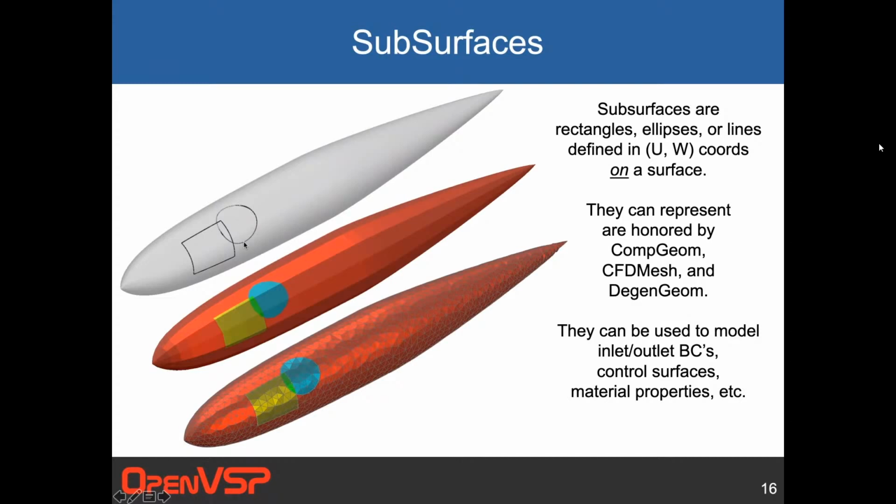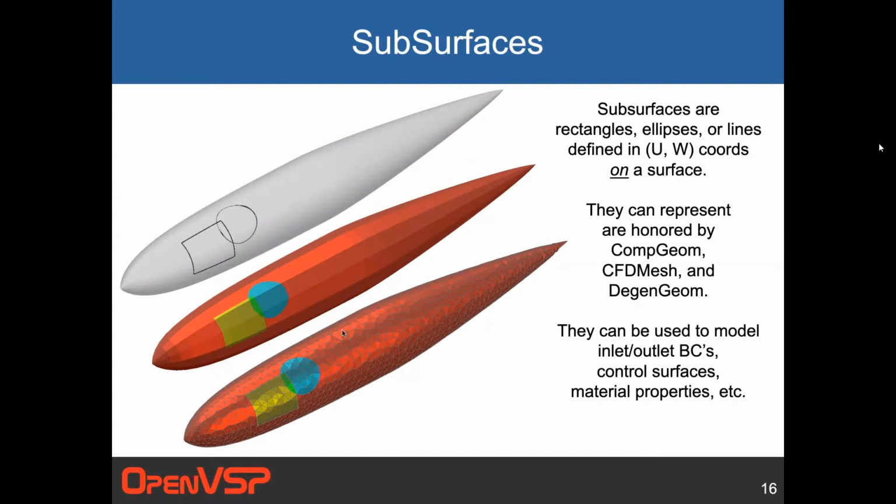The subsurfaces are carried through to some of the different analyses that we do. When you do CompGeom, for example, it will obey them and split the triangles to mark what's in and out of each subsurface, so that you have tags that tell you where the pod itself is, where the rectangle is, where the ellipse is, and even, separately, where the union of the ellipse and the rectangle is.